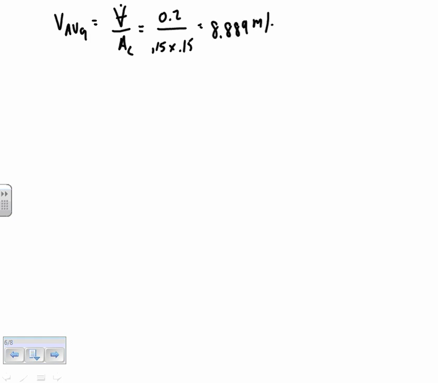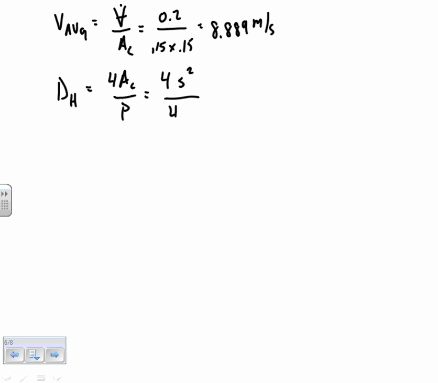This gives me an average velocity of 8.889 meters per second. And my hydraulic diameter, d sub h, I need to use hydraulic diameter because I have a non-circular cross-section. And that is just equal to 4 times the cross-sectional area divided by the perimeter. So we have a square, so that happens to be 4 times, well, the area of a square is just the side squared divided by the perimeter of the square.